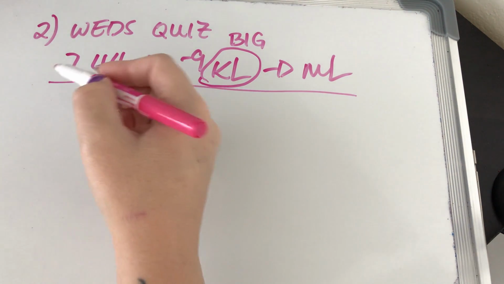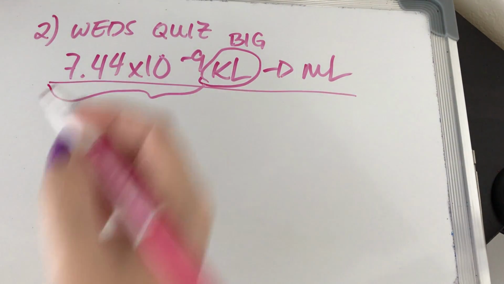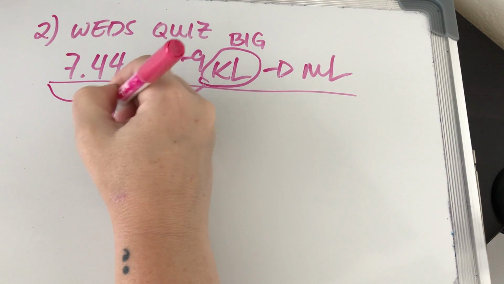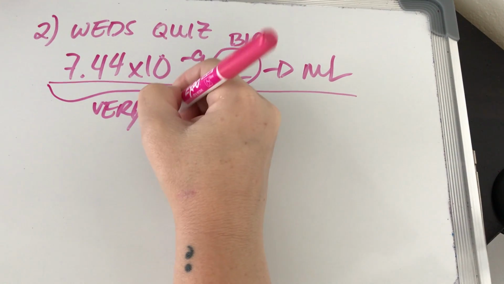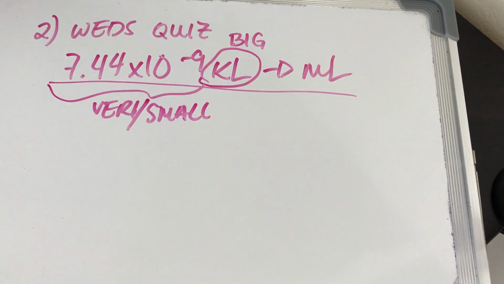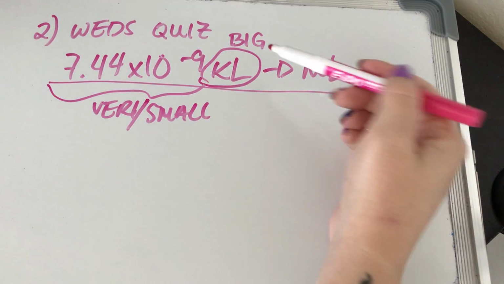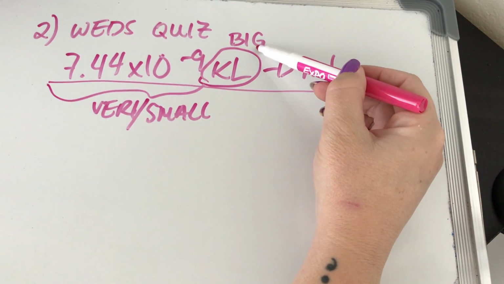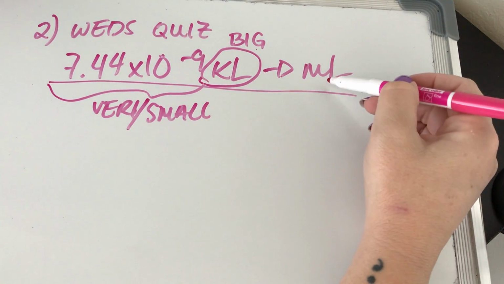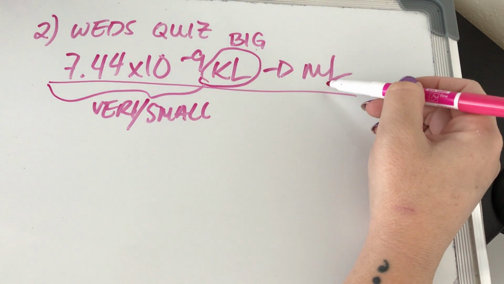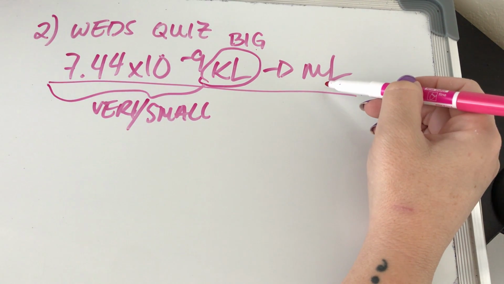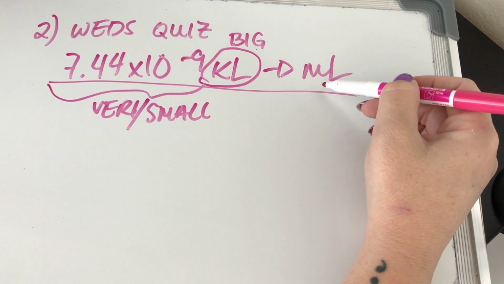Let's talk about that. So this is absolutely a very small number, right? So very small number in a big unit, right? And now we're trying to get it into a small unit. Sorry, you guys, for my constant alerts.